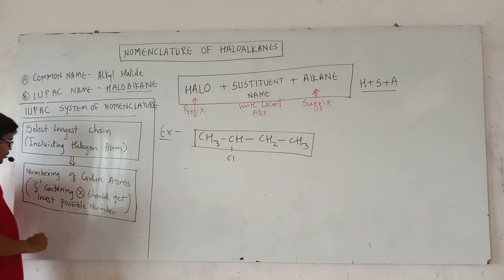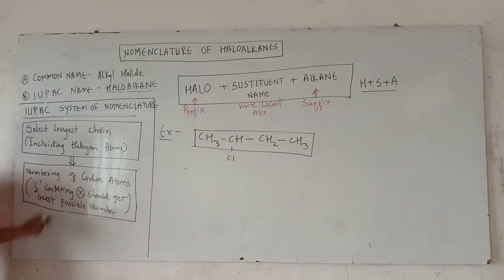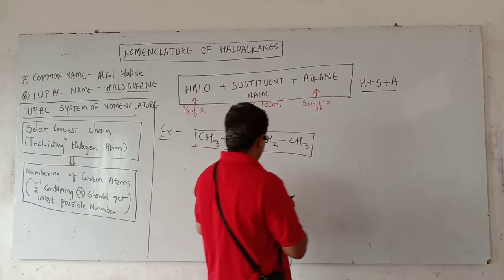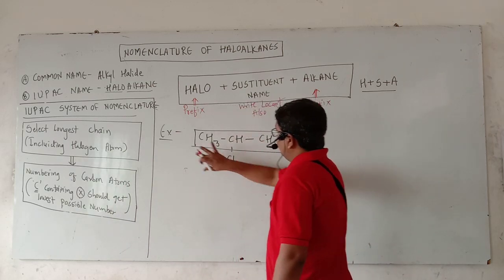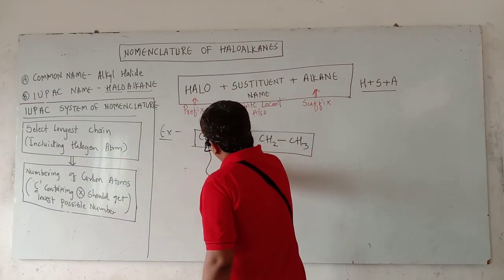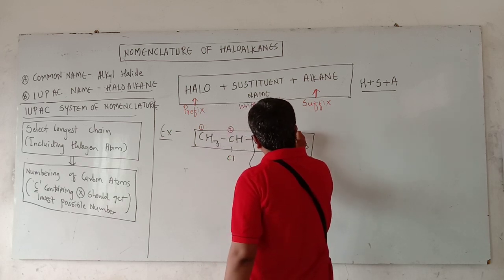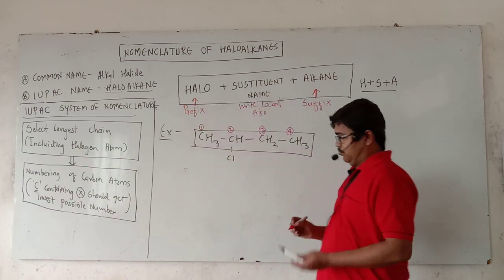Okay. Numbering of carbon atom. Carbon containing halogen should get lowest possible number. If I do numbering from this side, then 1, 2, 3 and 4. Right?